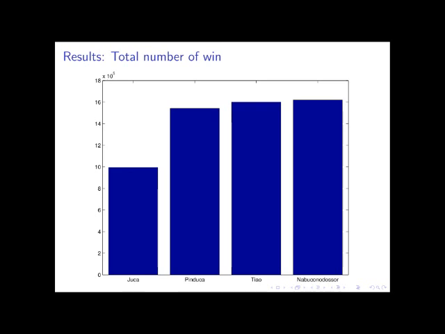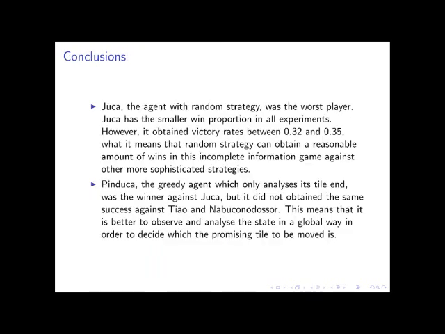This bar graphic shows the total number of wins of each agent. We can see in this graphic the superiority of Nabucodonosor, followed by Tiao and Pinduca, as mentioned in the earlier slide. To conclude this work, we can see that Juca, the agent with random strategy, was the worst player.